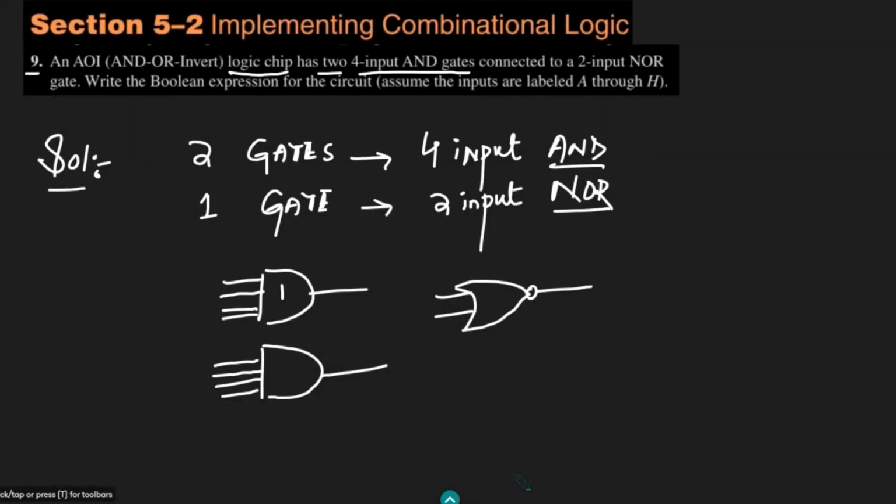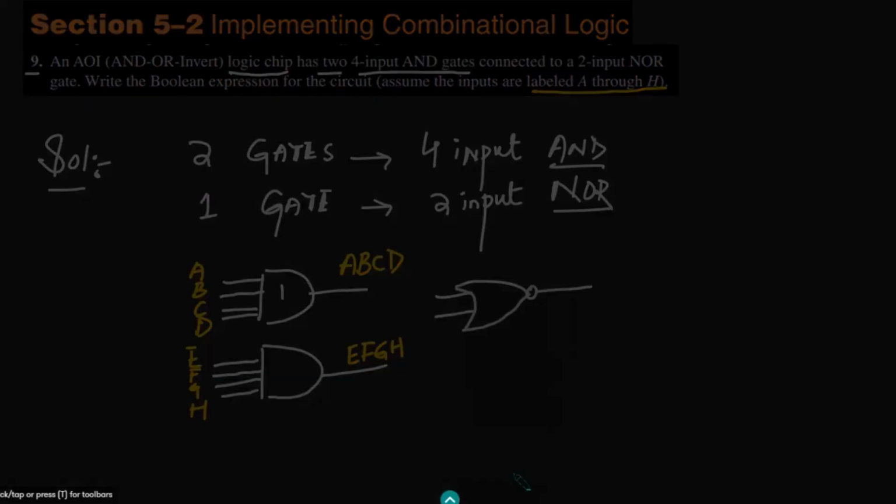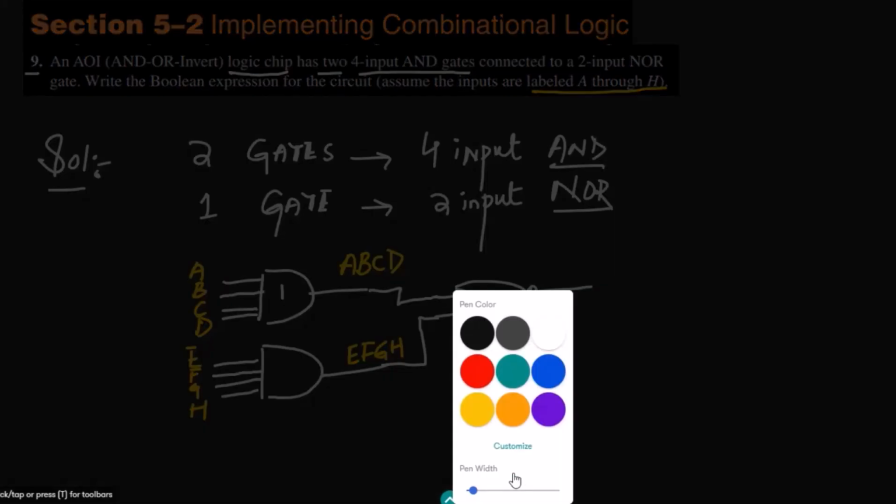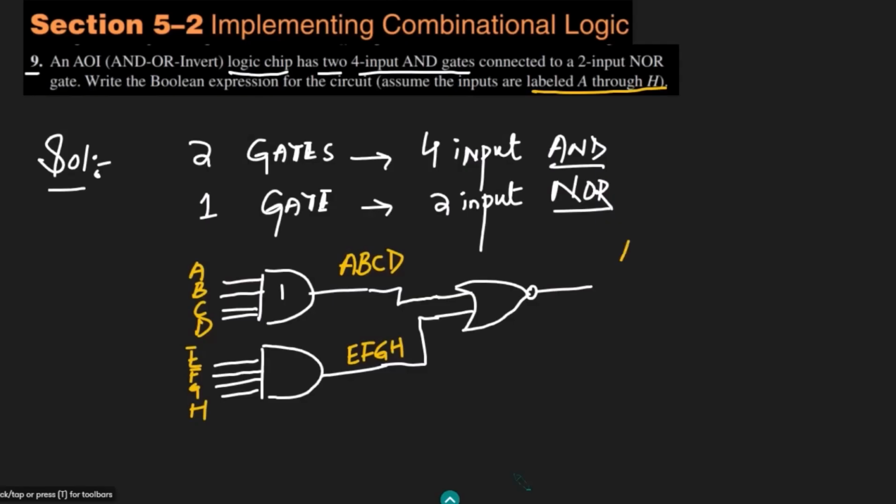First let me write all the combinations. The inputs to it are A, B, C, D, and here E, F, G and H. Assume the inputs are labeled alphabetically. The outputs of the AND gates will be ABCD all multiplied, and EFGH. These are given as inputs to the NOR gate, so the output here would be ABCD plus EFGH, and due to the NOR gate it will be whole complemented.